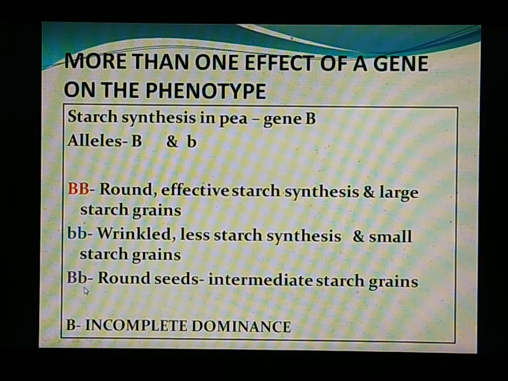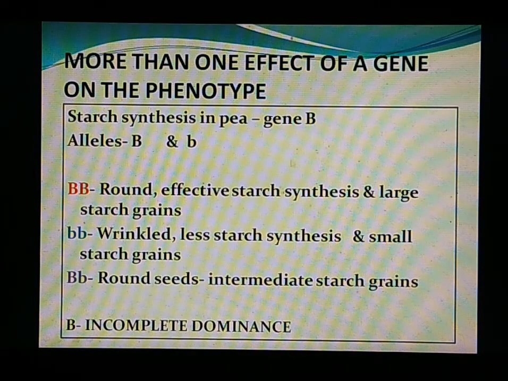Since capital B is dominant, they will produce round seeds, but intermediate starch grains will be produced. That means it is not resembling either parent with respect to starch grains. So here this gene B is showing incomplete dominance.